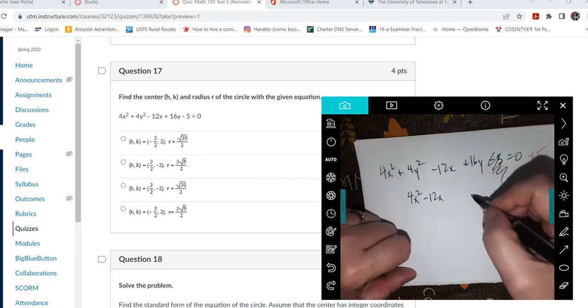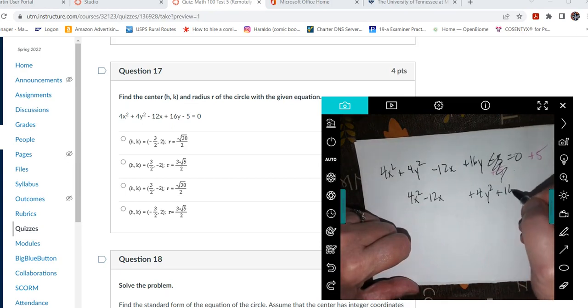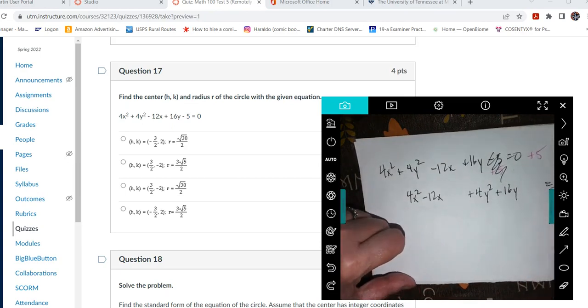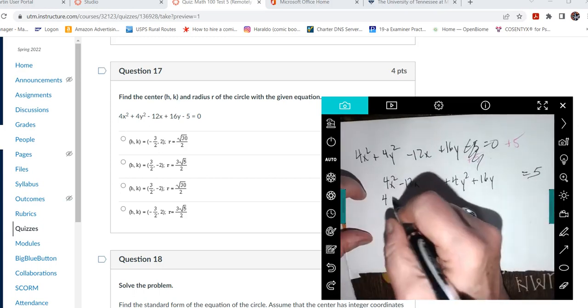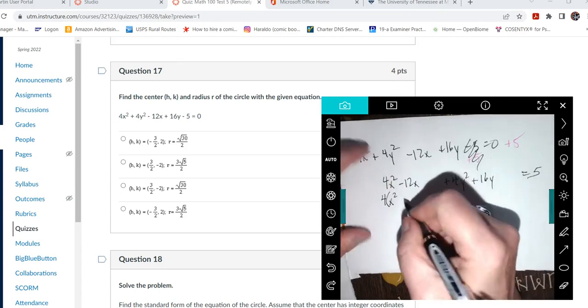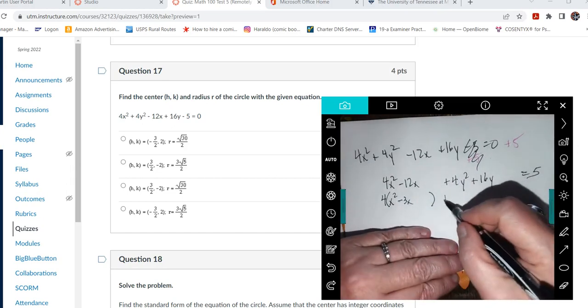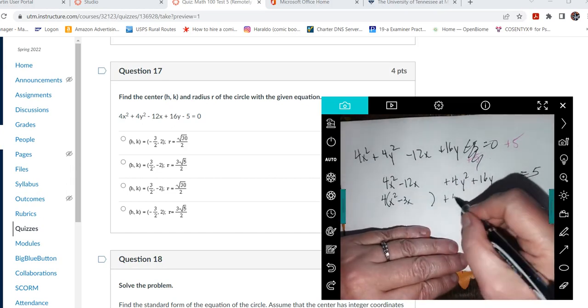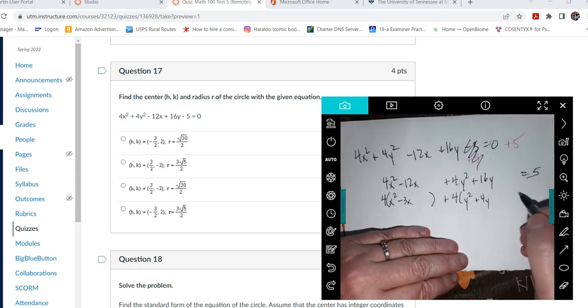And I'm going to put my y terms together. That's what I have so far. Now I can factor out a 4 here. And if I divide this by 4, I get minus 3. I'm going to leave a gap. And I can also factor out a 4 here. I'll leave a gap.